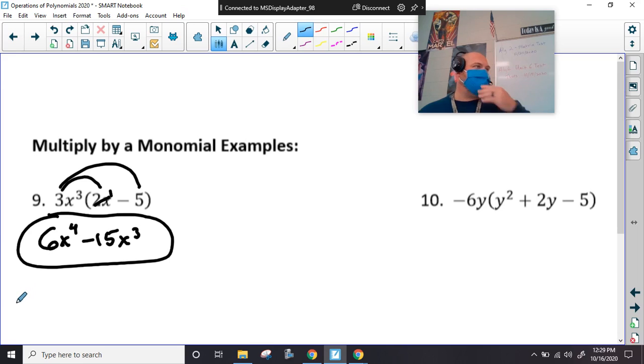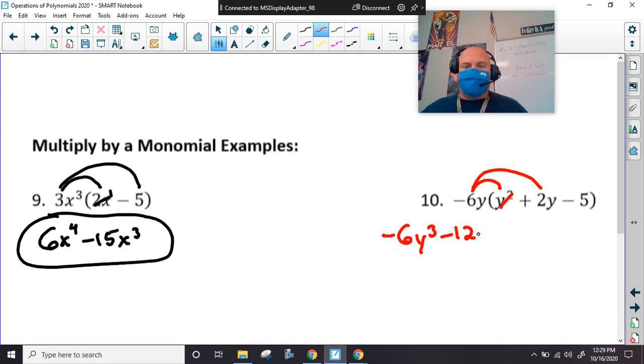Again, this is a big thing of what we're doing next week, because we're going to be doing this part like number 9 and stuff like we did in the other problems. This becomes -6y to the third minus 12y squared, and then plus 30y.